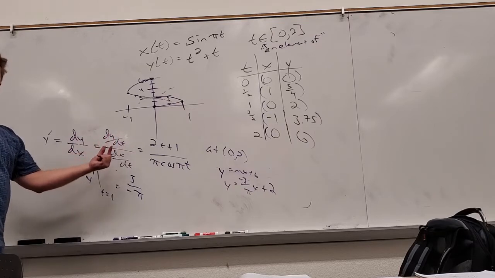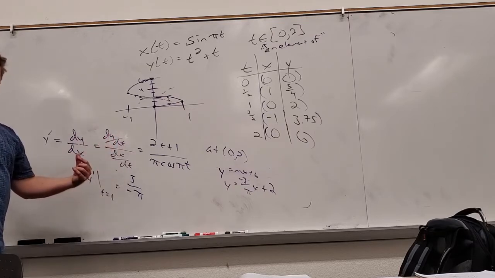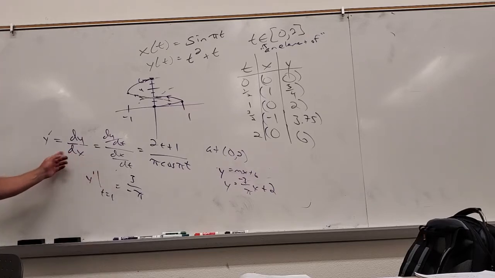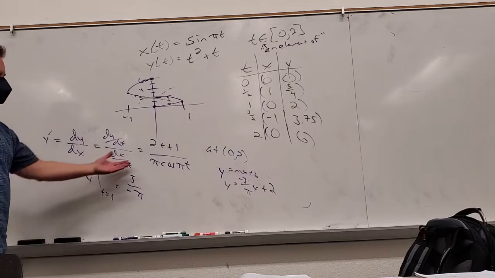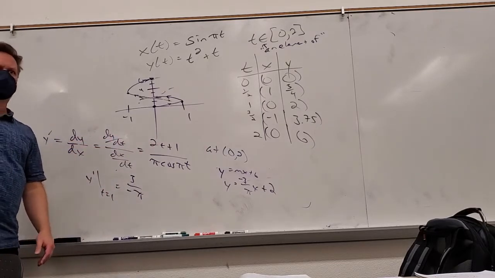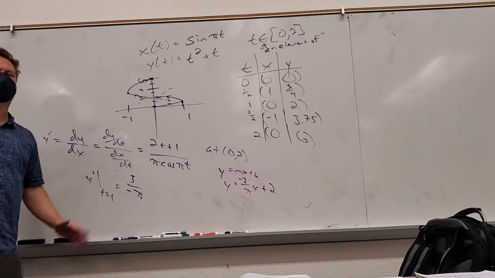You can do this with any parametrically defined function, even the circular ones, as long as you're doing it at a point. Even if it's undefined, you know it's a vertical tangent line there.